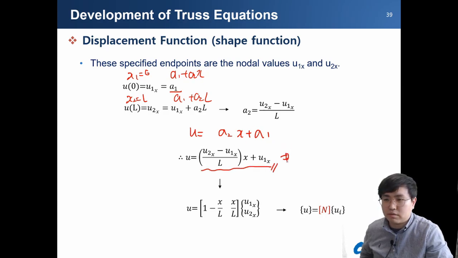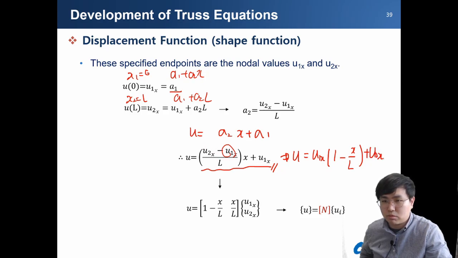And here I want to say that in the displacement field of the FEM solution we obtained, we can know the exact values at each nodal point. So I'm going to collect these values like this: u1x here, and then u1 times (1 minus x over L) plus u2x, where is the u2x?